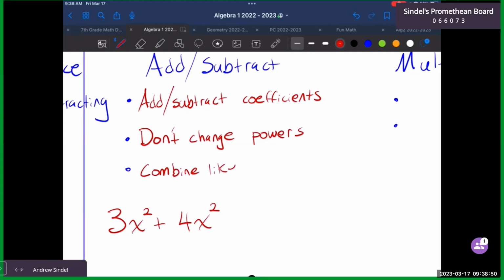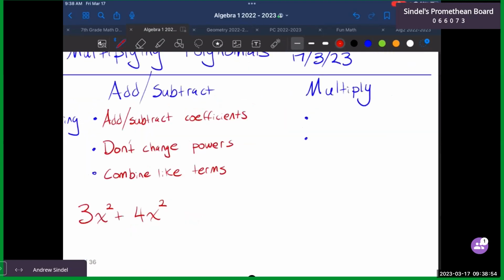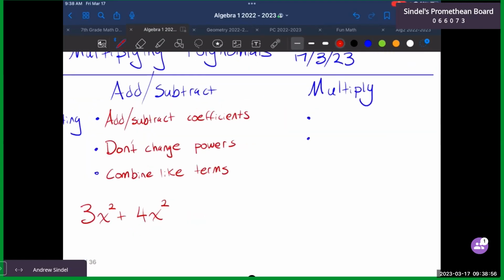What about when we multiply? What do we do with the coefficients? So now let's change this problem to 3x squared times 4x squared. And by the way, I think Grace gave us this answer. This one was 7x squared. Oh, yeah. What do we do when we are dealing with multiplication with the coefficients? Yeah, we're going to 12.